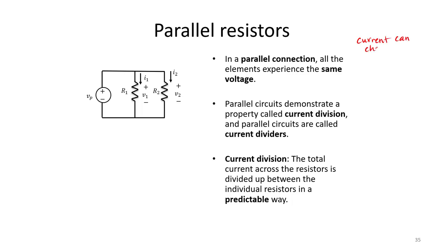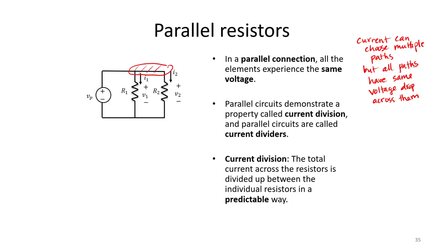Current can choose multiple paths, but all the paths have the same voltage drop across them.